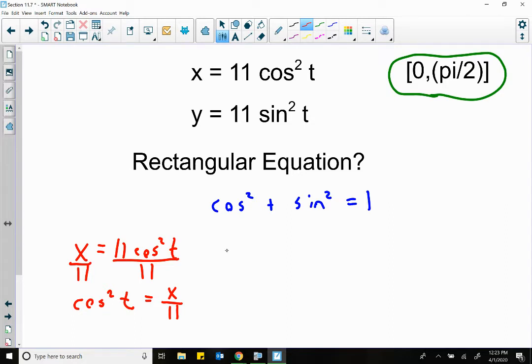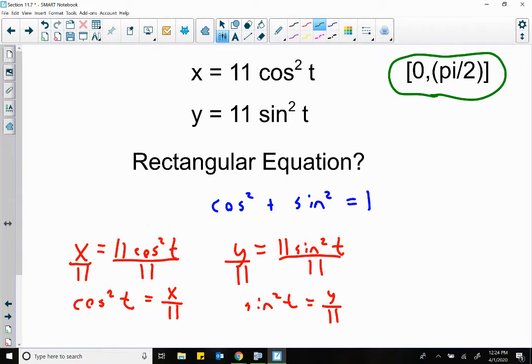And let's do the same thing for sine. Y is equal to 11 sine squared t. Let's get sine squared by itself. Divide by 11. So sine squared t equals y over 11.